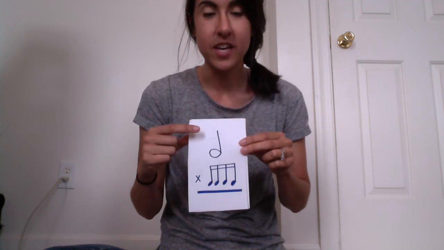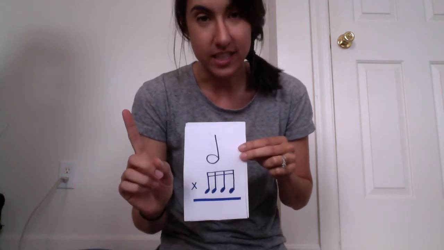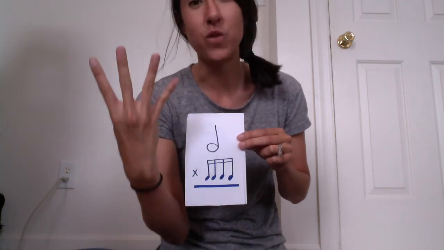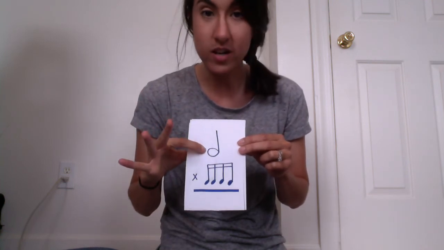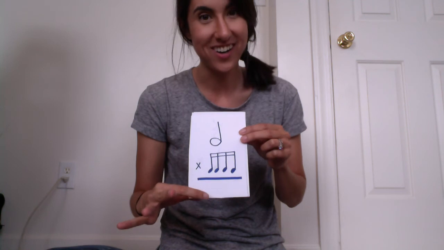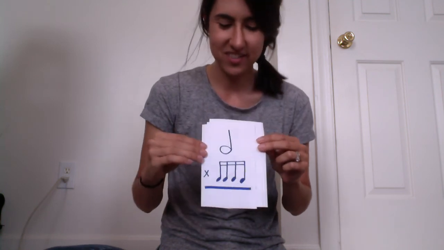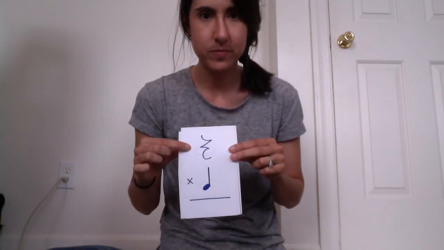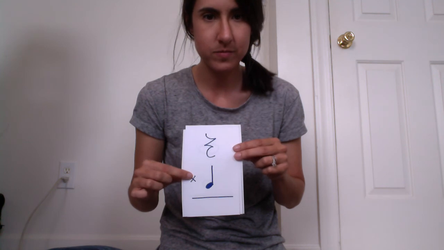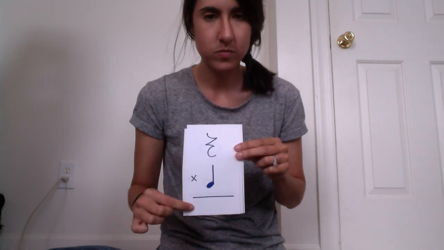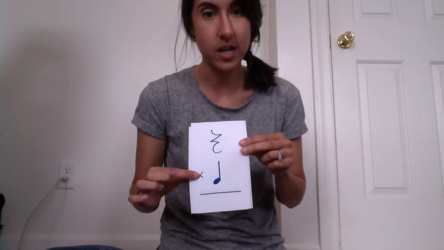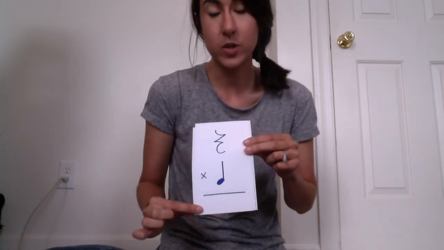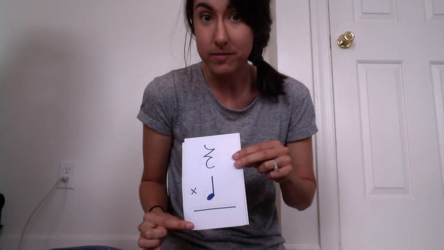I made a mistake. 16th notes is 4 sounds. 1 beat, 4 sounds. So 1 times 4 is 4. 0 sounds times 1 sound. Well, anything times 0 is what? 0.